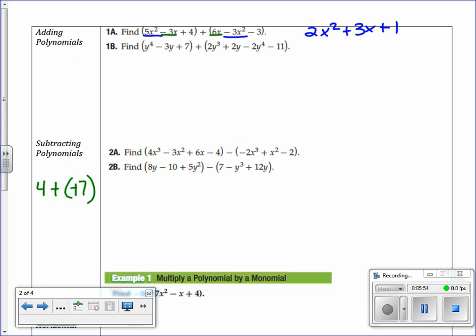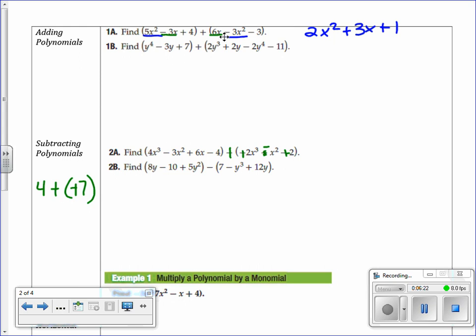So we just want to use that rule, change that minus sign to a plus sign, and that's going to become a positive 2x to the third. That's going to become a negative x squared, because we're adding the opposite, and this would be a positive 2. Okay, that's all we're really doing when we're subtracting. If you do that, then really you're just adding the polynomials.